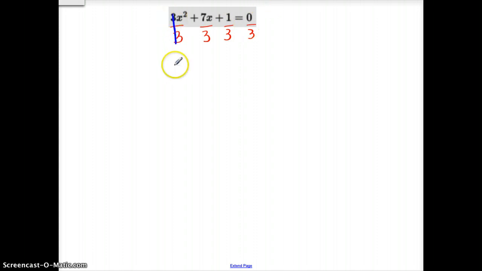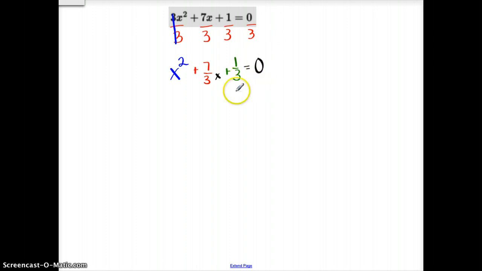So these cancel out and we get a 1x squared. That's what we wanted. And we have plus 7 over 3x. And then we've got 1/3, positive 1/3. And that all equals 0. Because 0 divided by 3 is 0.